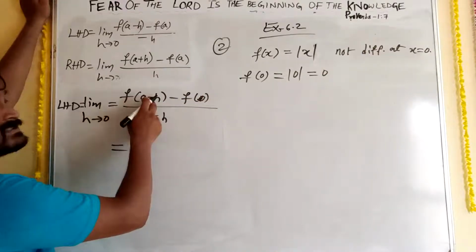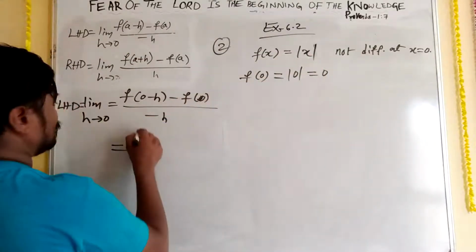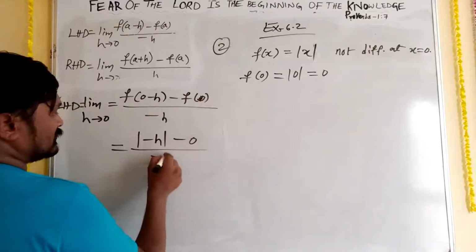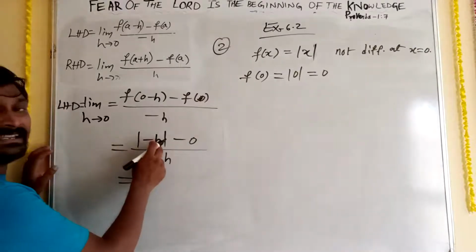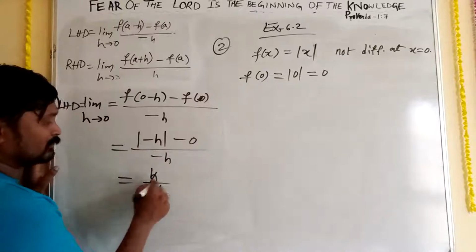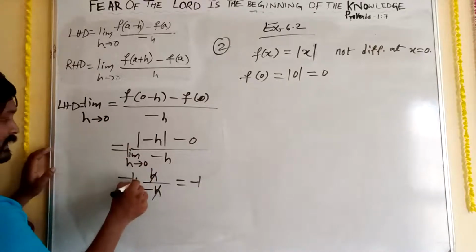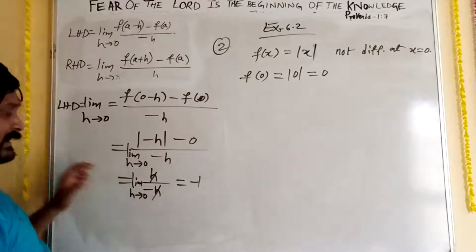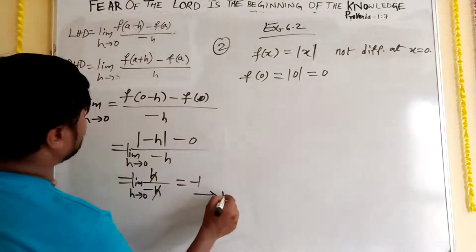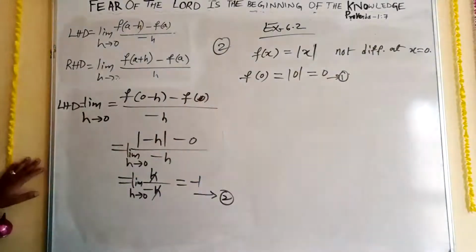Then f of minus h, wherever x is there we need to write minus h, so modulus of minus h minus f of 0, which is 0, upon minus h. Modulus of minus h is nothing but plus h. So h minus 0, h, upon minus h. Both get cancelled, you get minus 1. Then limit h tends to 0 of minus 1 is nothing but minus 1. This is equation number 1. Now RHD.